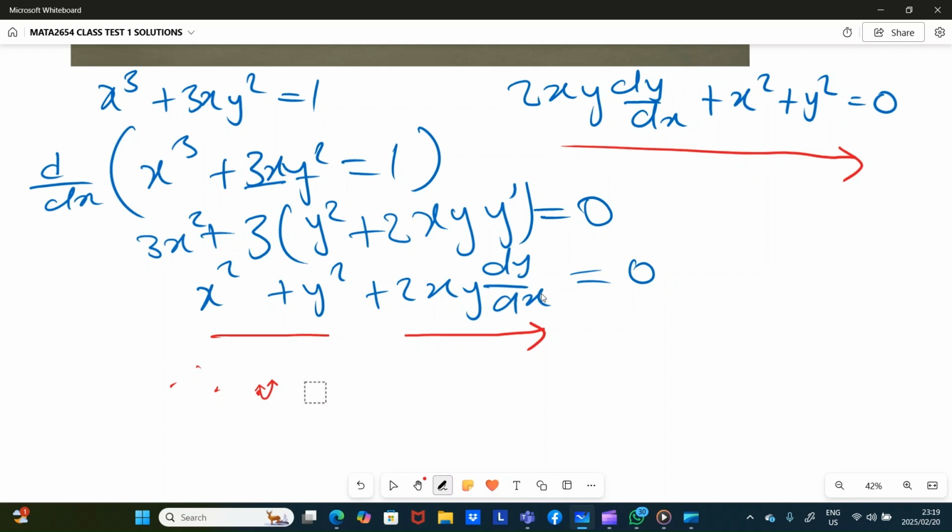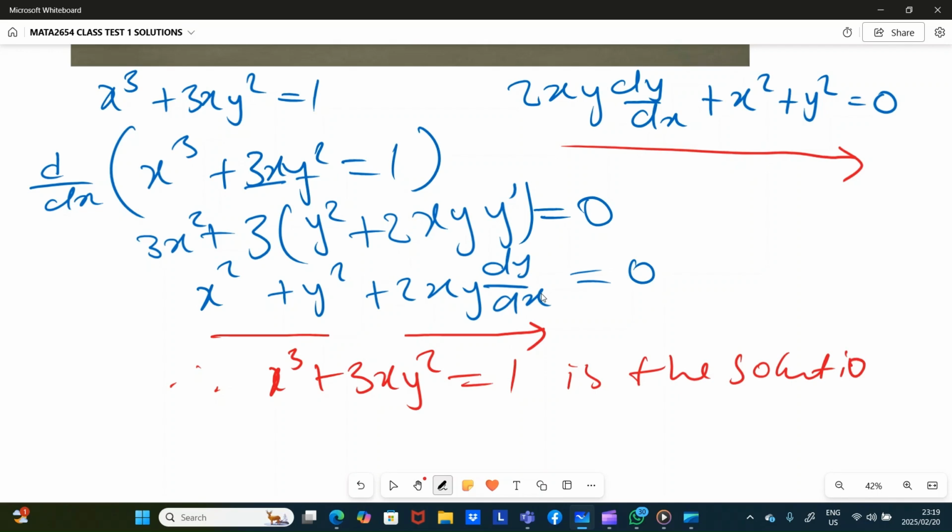Oh, sorry about that. It's supposed to be x to the third plus 3xy squared equals 1, which is therefore the solution to the differential equation. You are done just like that.